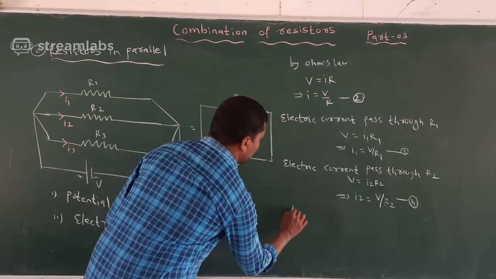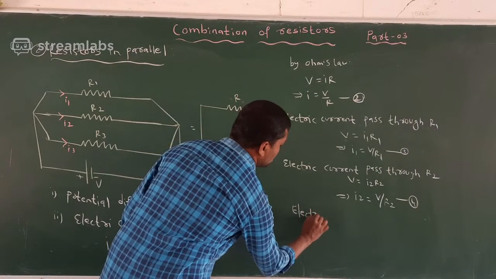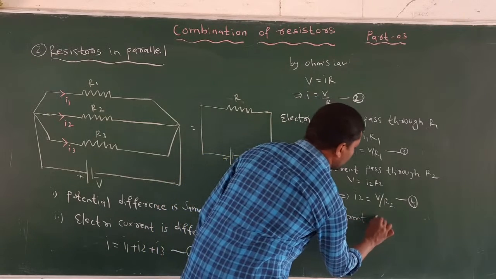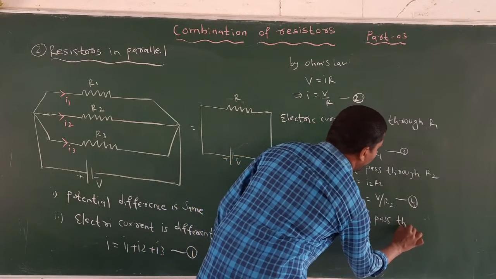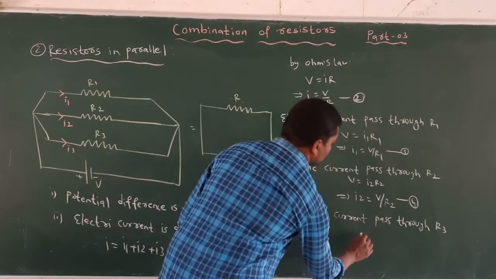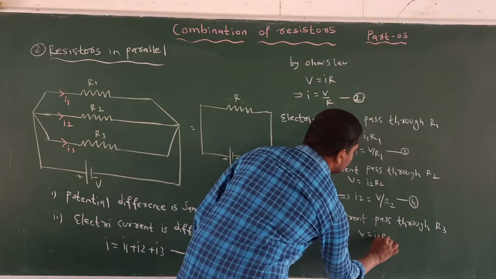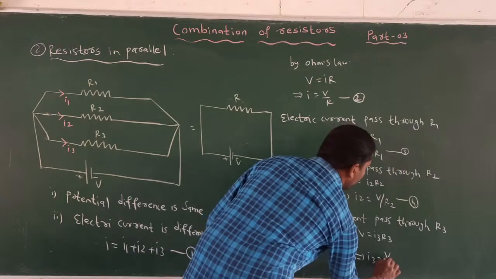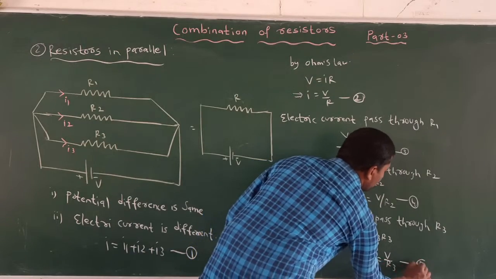Next, the electric current passed through the R3 resistor. So we can write V is equal to I3 R3. So we need I3. I3 is equal to V by R3, equation number 5.